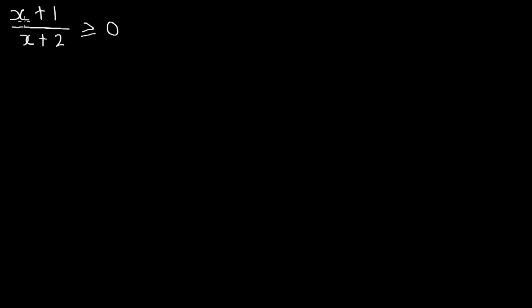To get the critical points, we set both the numerator and the denominator equal to 0 and solve for x. So we have x plus 1 equals 0, and x plus 2 equals 0. Now note that x plus 2 cannot be 0, because if it is 0, the expression on the left hand side will become undefined.